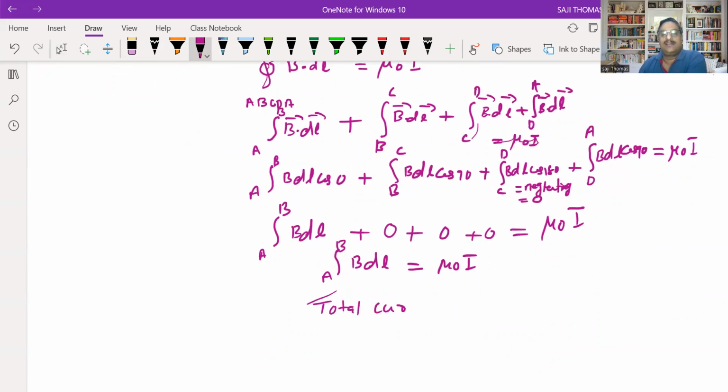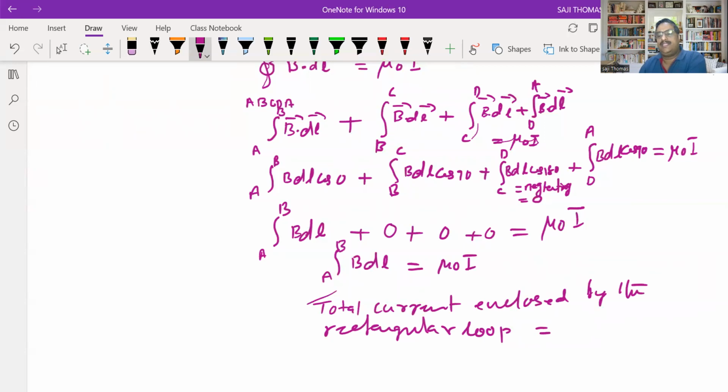Total current enclosed by that ambient loop: the number of turns per unit length is n. In that length L, how many turns will be there? n into L, right?